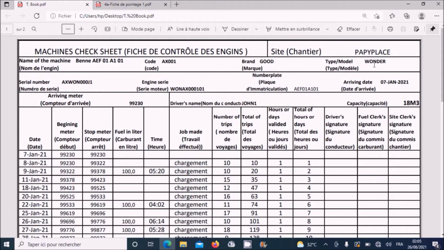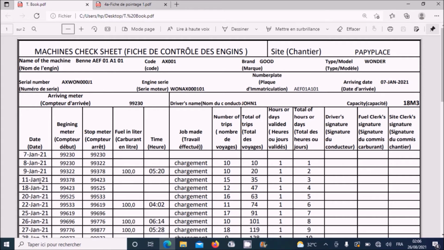We have the model, serial number, engine series, number plate, arriving date, arriving meter, the name of the driver, and here we have the capacity. As it is a truck, the capacity is 18 cubic meters.